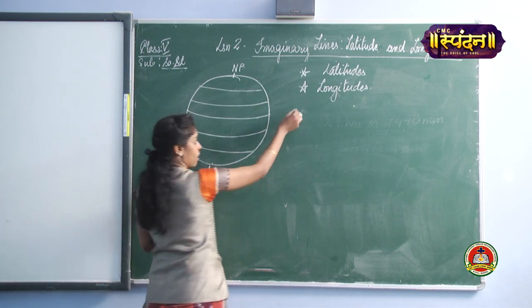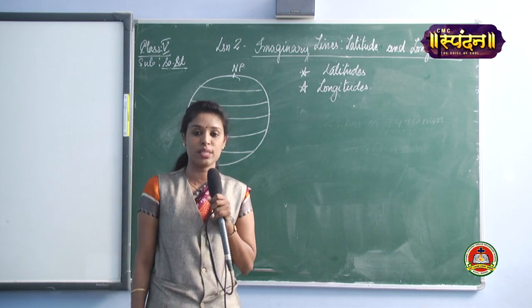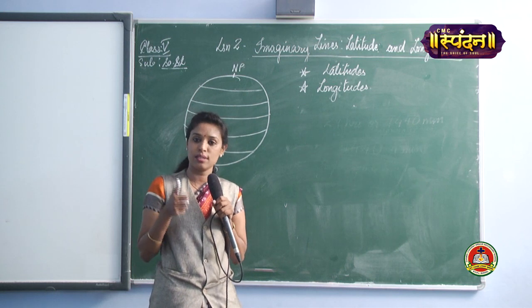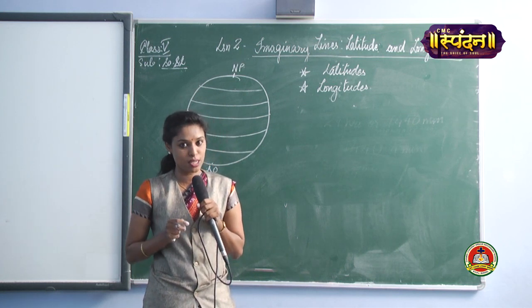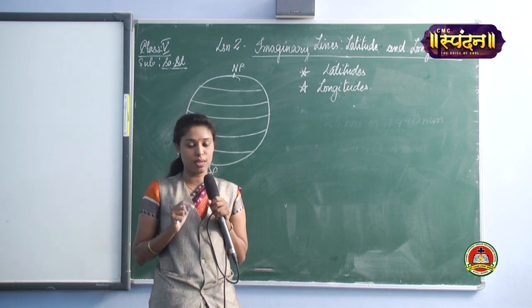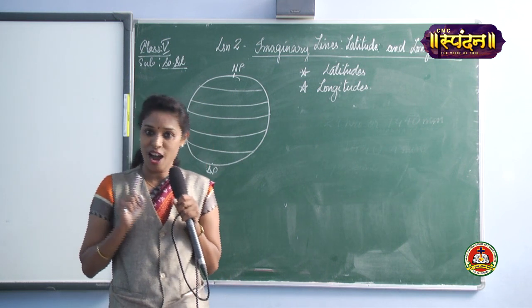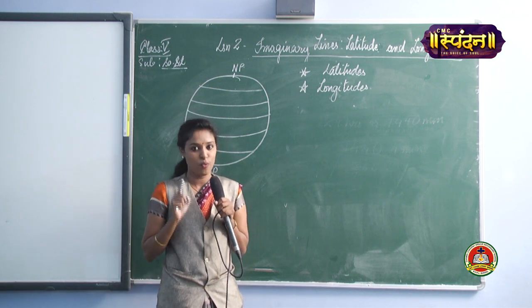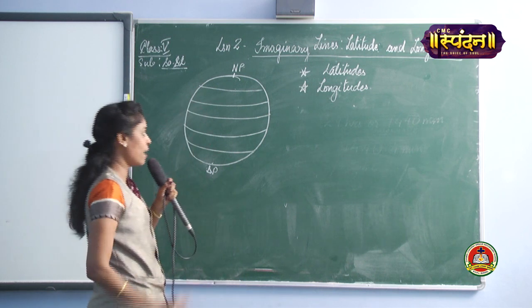In your latitudes, you had learned 4 important latitudes along with their degrees. The first one was the Arctic Circle, 66.5 degree north. Second, Tropic of Cancer, 23.5 degree north. Equator, 0 degree. Tropic of Capricorn, 23.5 degrees south. And the last is the Antarctic Circle with 66.5 degree south. So those were your important latitudes.